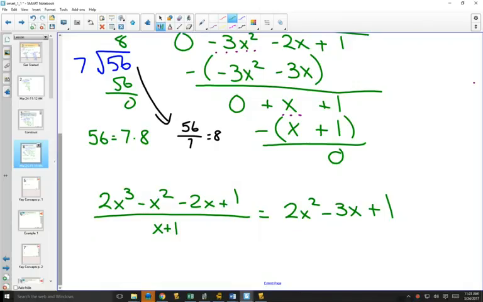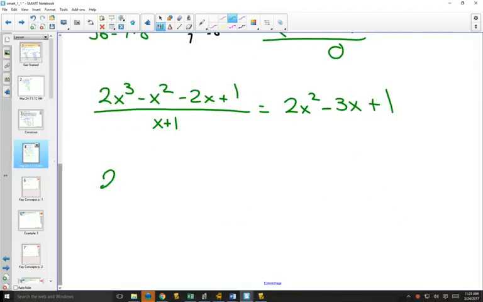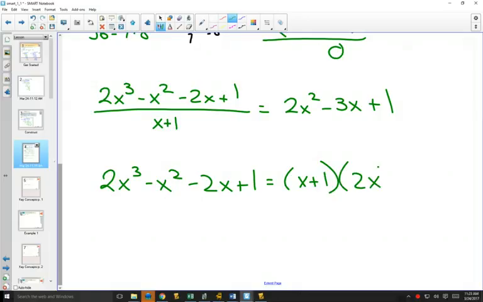That's what it would be as a division statement. If I wanted to write this as a multiplication statement, and this is where things get really powerful, it means that it's equal to x plus 1 times 2x squared minus 3x plus 1.